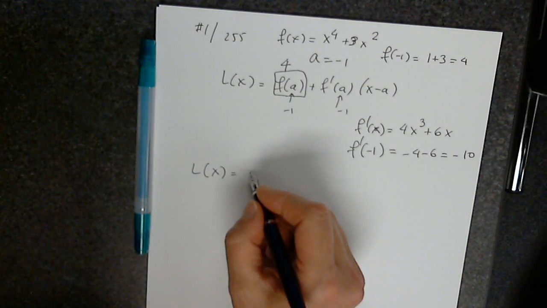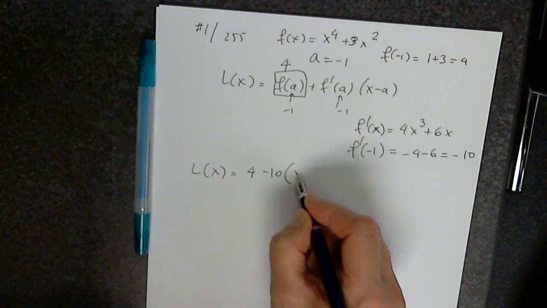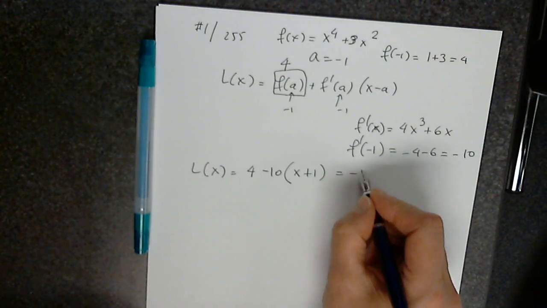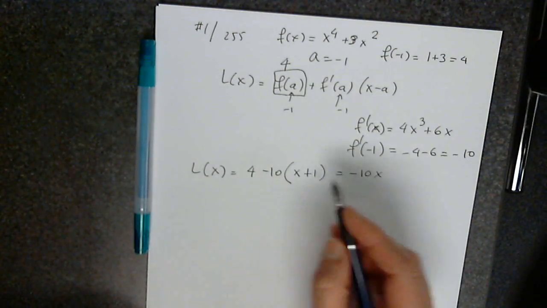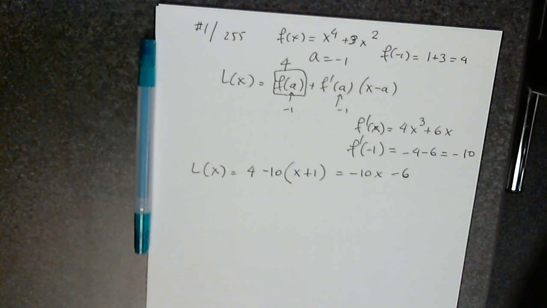So it's 4 minus 10, and in parentheses x plus 1. And this function will be -10x minus 10 plus 4 is -6. So what I'm telling you is this.